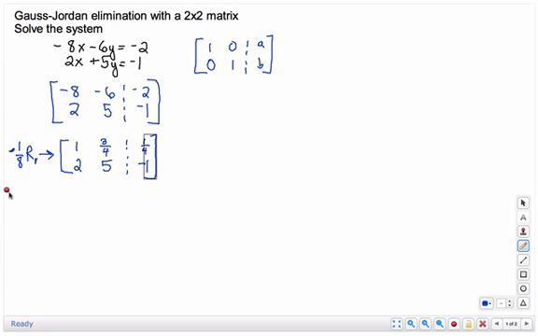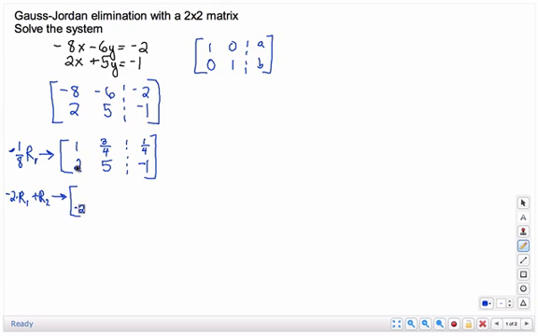So this is where you get the -2 times row 1 plus row 2. And we're always taking the information from the last matrix that we did. So I'm going to do that here. Negative 2 times 1 is a negative 2.